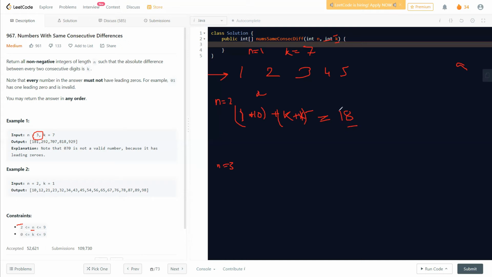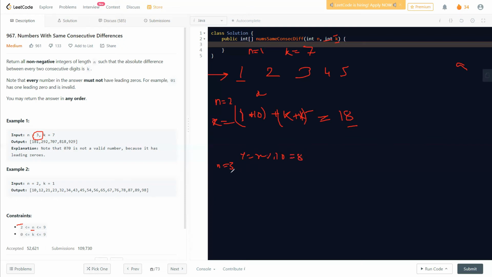We will store this in our x, x equal to this value, because x was initially the single-digit number we took. Now it's the two-digit number we have. So we got 18, and in that we will find x mod 10. Say we mark it as y, being our x mod 10. So that's our 8 over here, right?